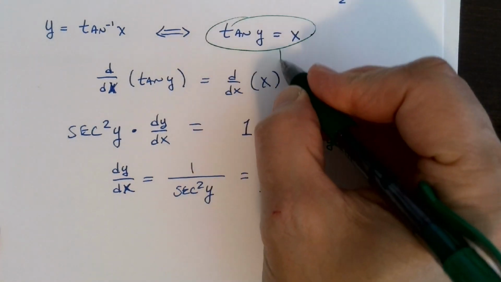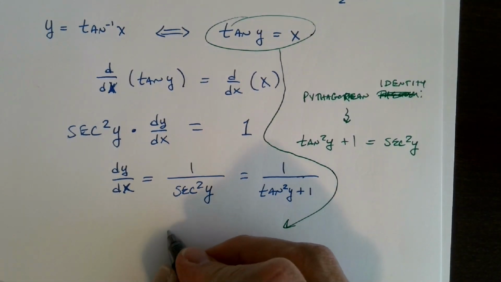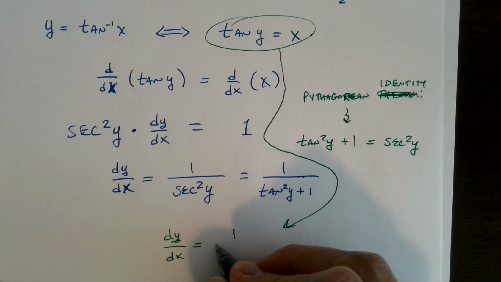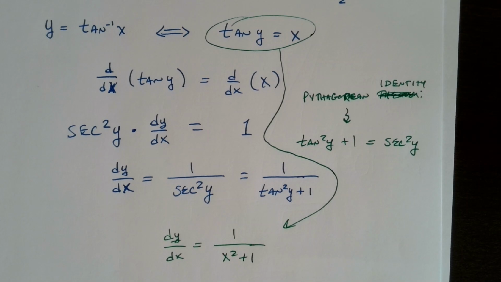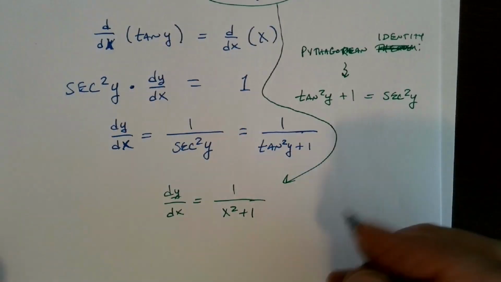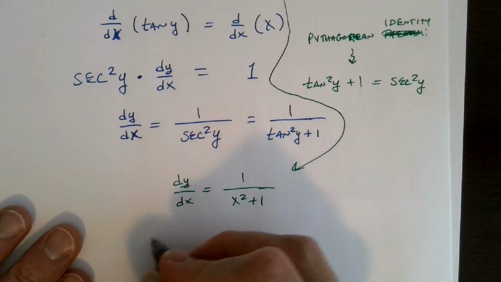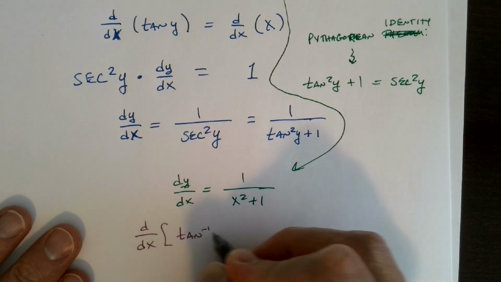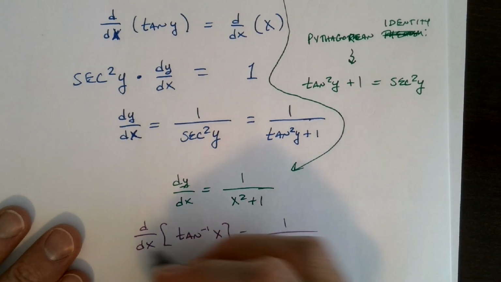And so that allows me then to say that dy dx is 1 divided by x squared plus 1. And in fact, there's our rule then. We can say that the derivative with respect to x of the inverse tangent function is 1 divided by x squared plus 1.